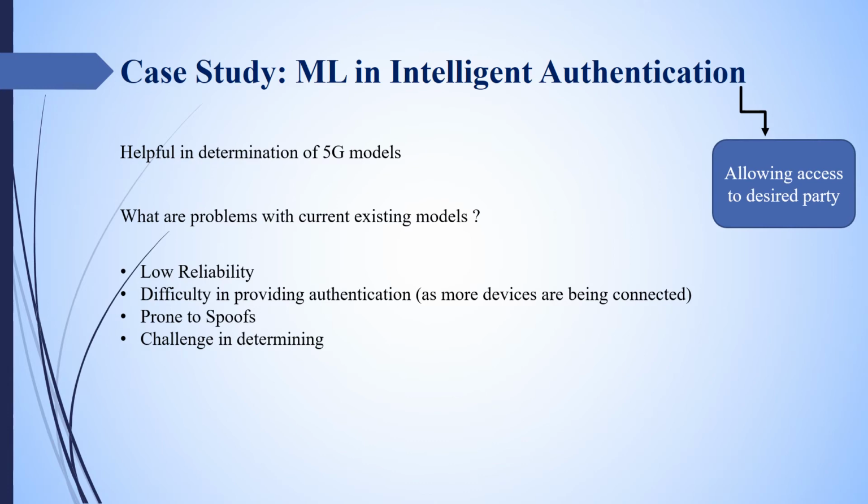This is a big problem in today's communication models. And the last is the challenge in determination. We have to determine models that can be applied to the real-time physical world with a very specific result, one that can be applied to the physical real-time world.